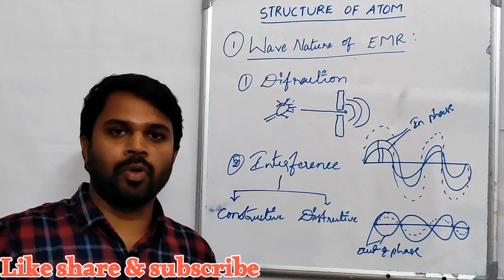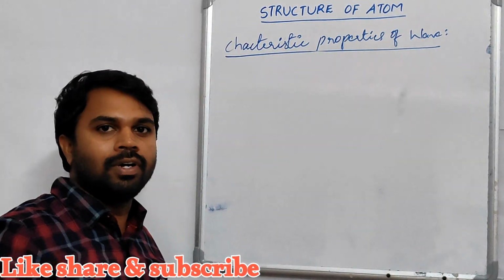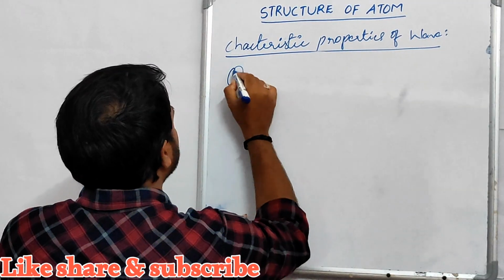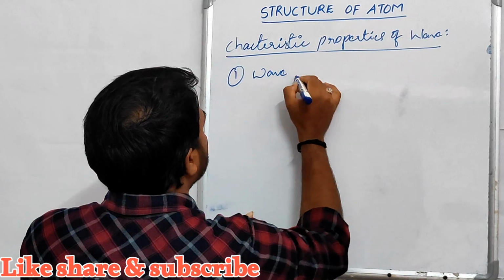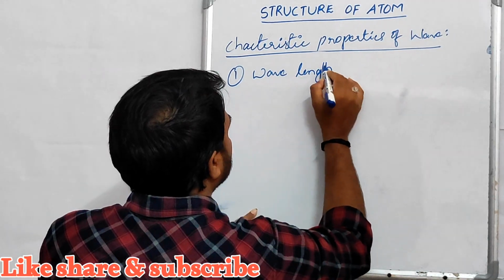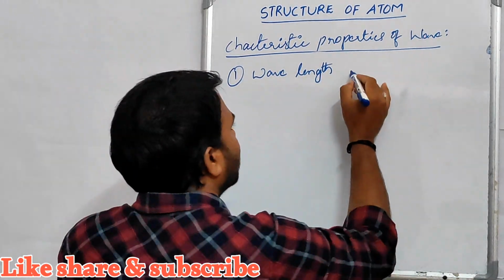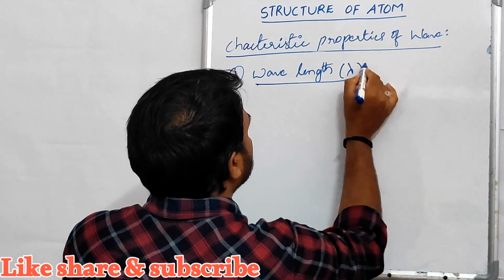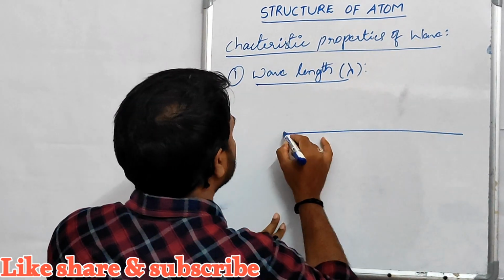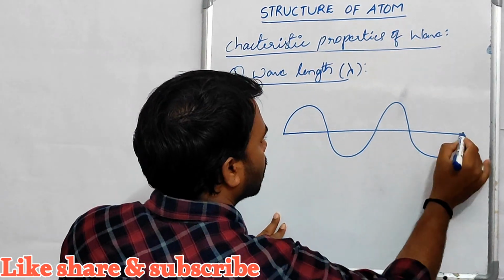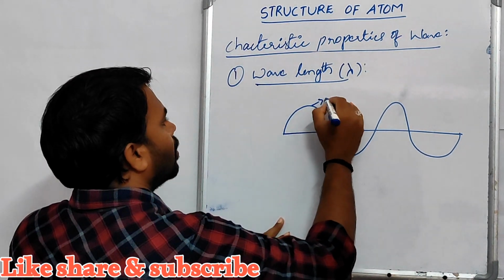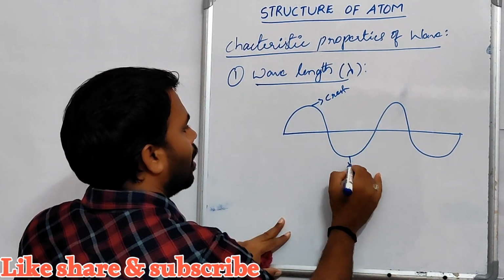Now come to the characteristic properties of waves. The first one is wavelength. It is indicated with lambda. For example, this is a wave. This is called crest and this is called trough.